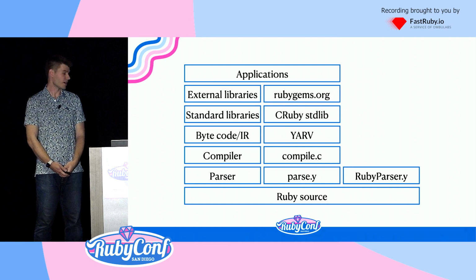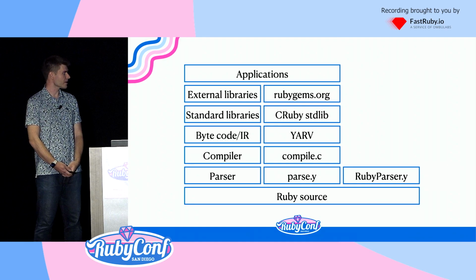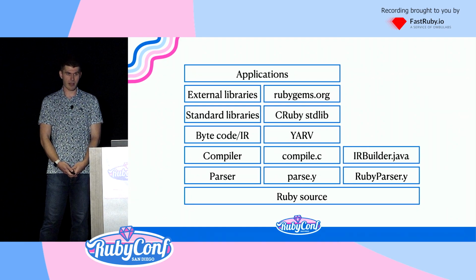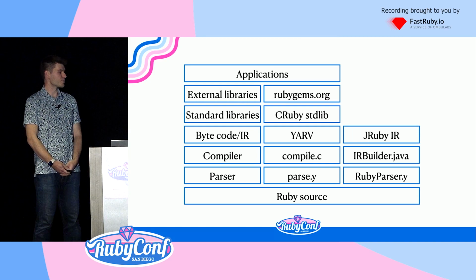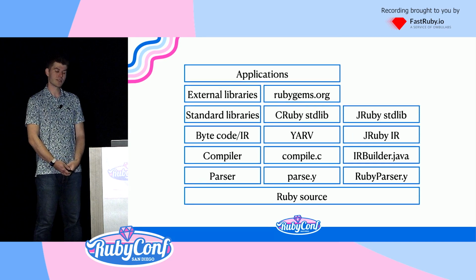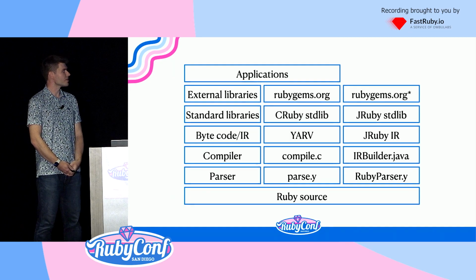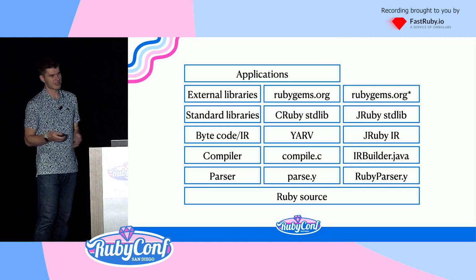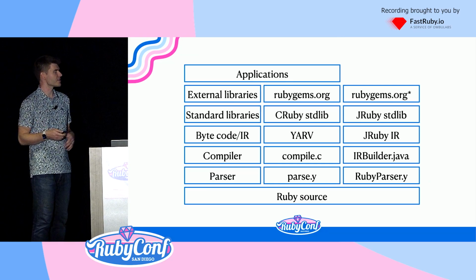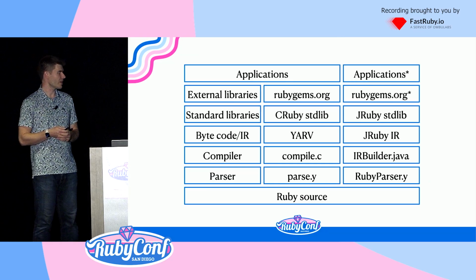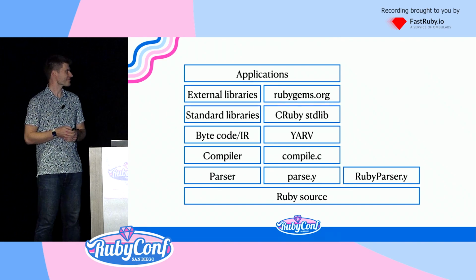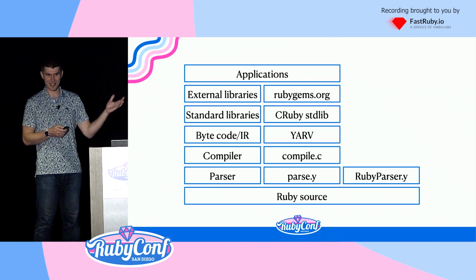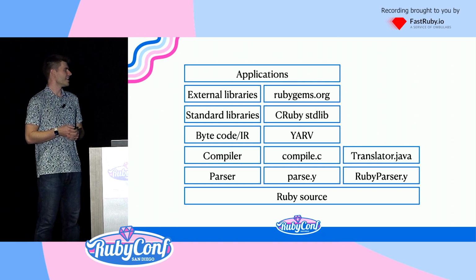JRuby uses another grammar file, ruby_parser.y. It then builds an IR using IRBuilder.java, which builds the JRuby IR, which builds the JRuby standard library, which builds most gems on rubygems.org. Sometimes you have to patch in Java for native extensions, which works on almost all applications. Great. Let's talk about TruffleRuby. RubyParser.y, which came from the same origin but is slightly different now.